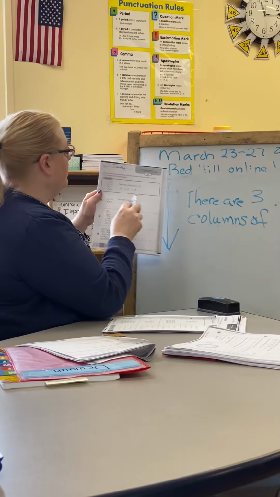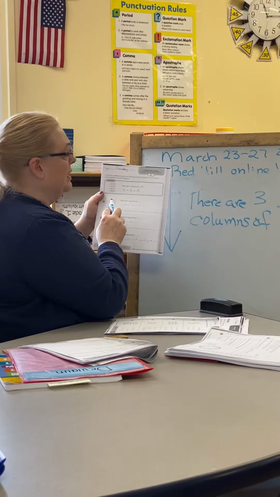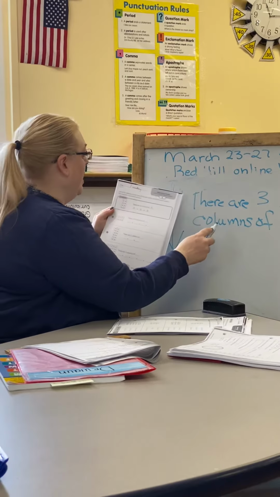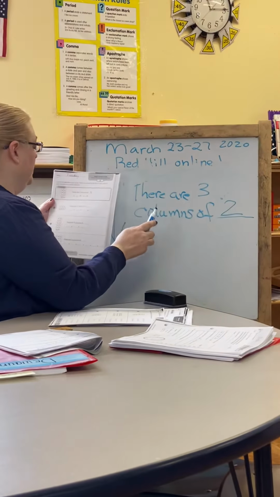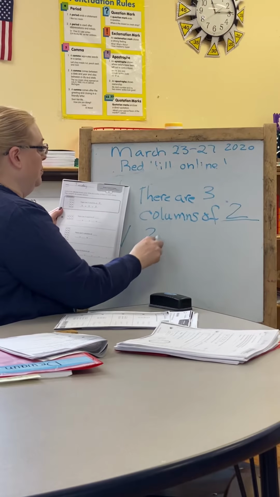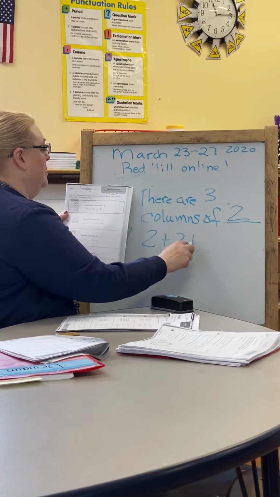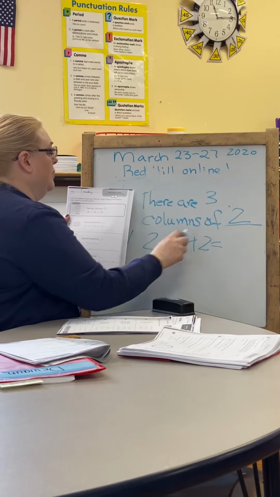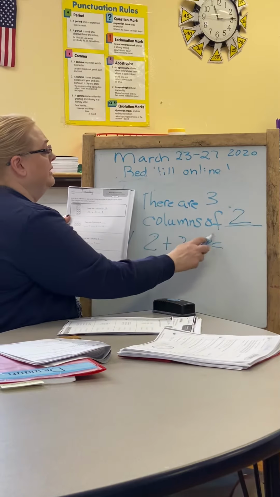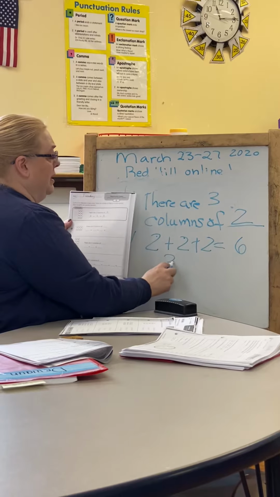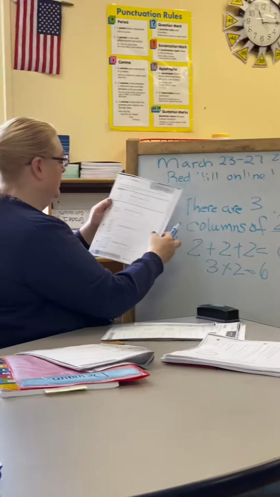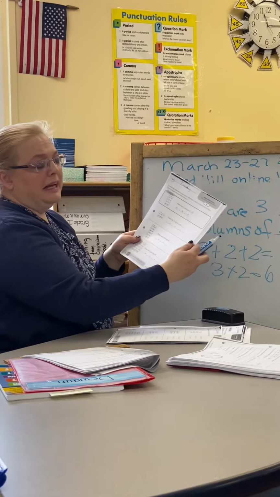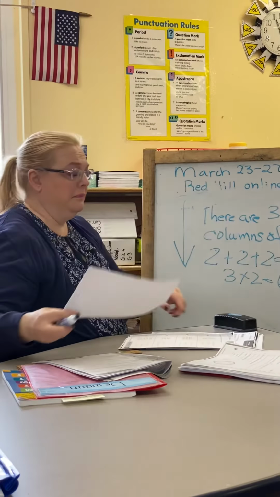In each column, you will see that there are 2 in number 1. So I would say there are 3 columns of 2. And then I would put 2 plus 2 plus 2 equals 2, 4, 6. 6 or 3 times 2 equals 6. You will do the second and third one accordingly.